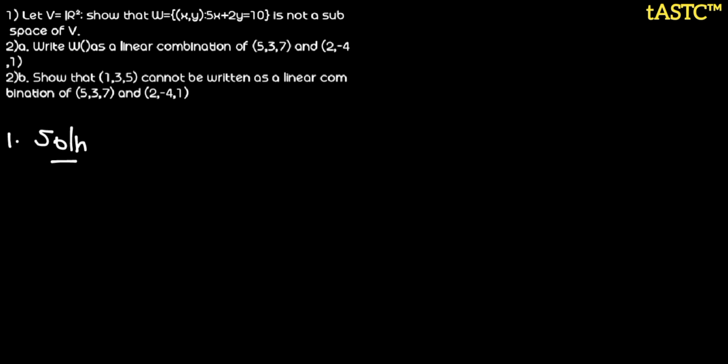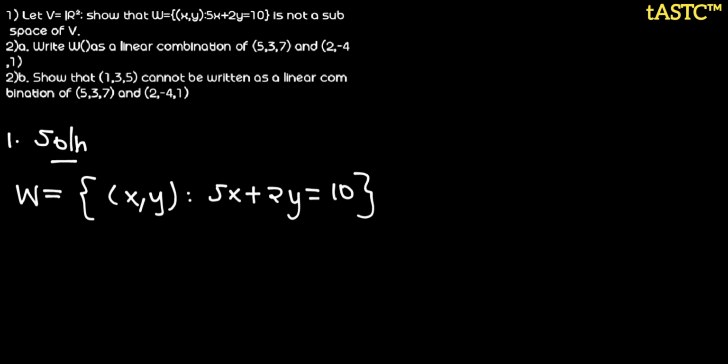So we are required to show that W, which is represented by this definition, has x comma y such that 5x plus 2y is equal to 10. Now, we mean that you could form vectors from this set in such a way that the components of those vectors, if operated under this definition, would always give 10.